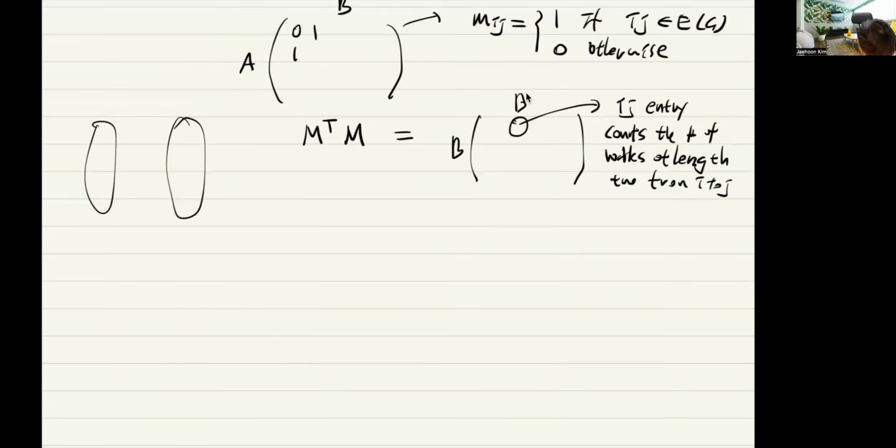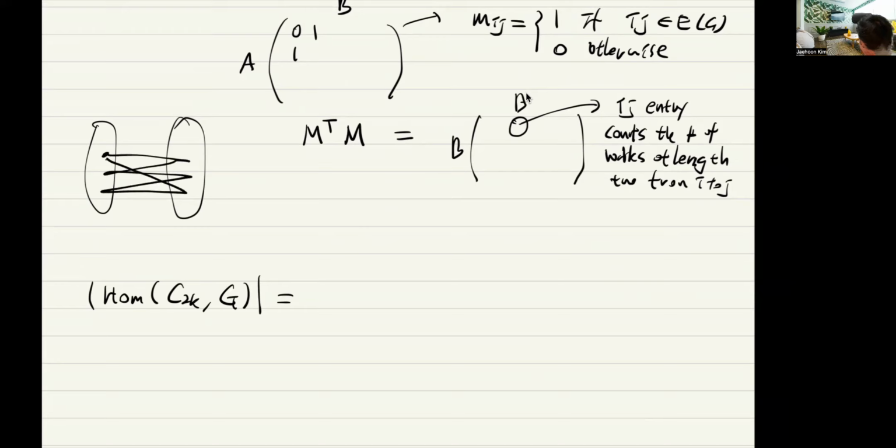Then what do we know? The homomorphism count of C_2k in G is the same as you start from somewhere and then you come back. So what's this? In this matrix, you start here, then you move, then you move, and then you move, and then you come back.